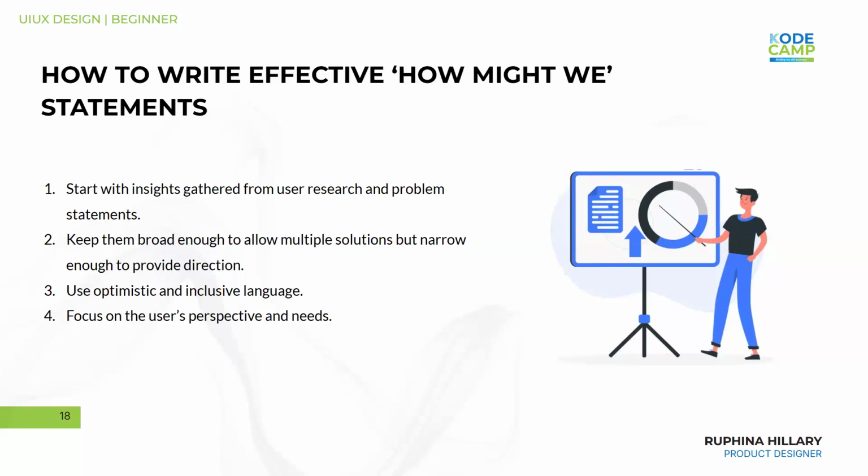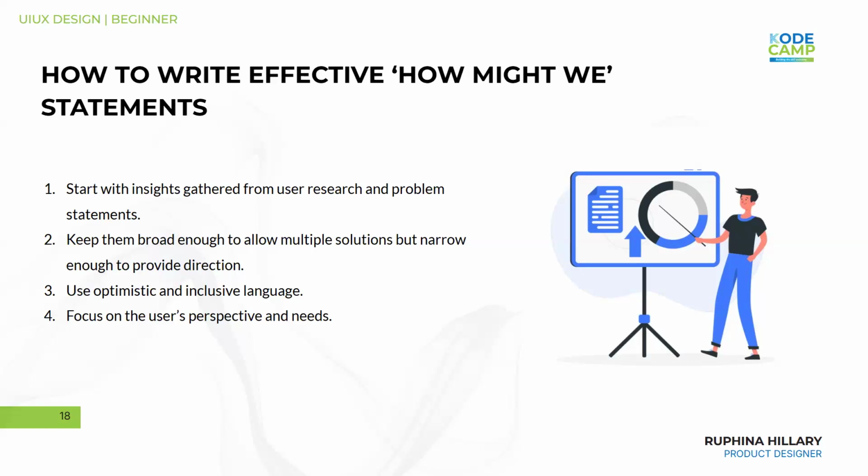So narrow means, first of all, we are narrowing ourselves with the user, either by using a persona representing a specific subset. Because the solutions you'll be ideating for a specific persona would be different from if you're just thinking about random users, everybody in Nigeria.